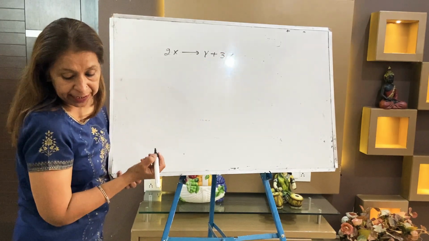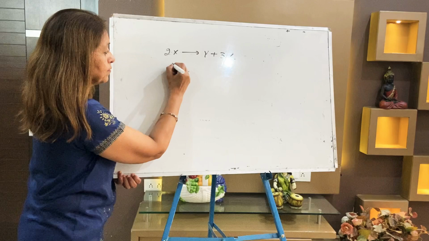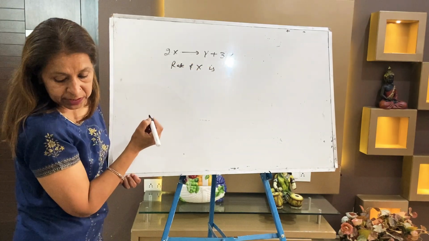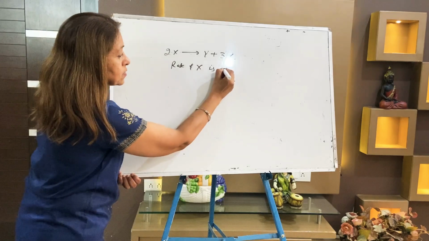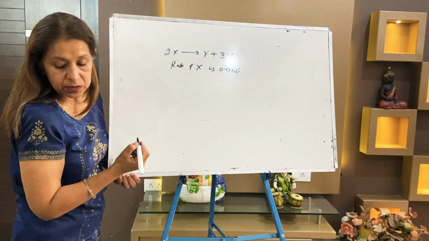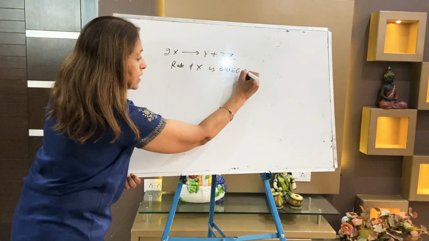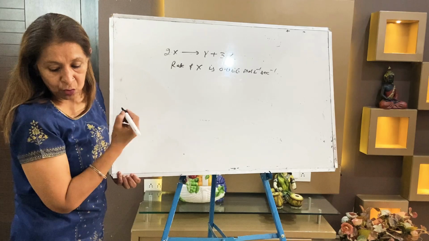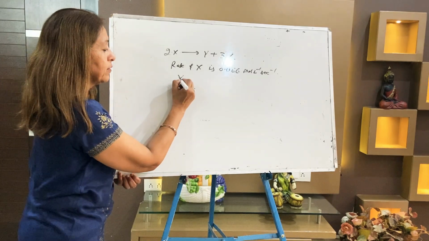The question is, rate of x is given, that is 0.066 mole per liter per second. The question is, calculate the rate of y and z.